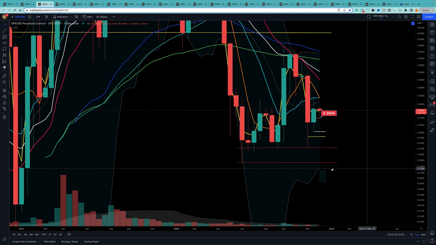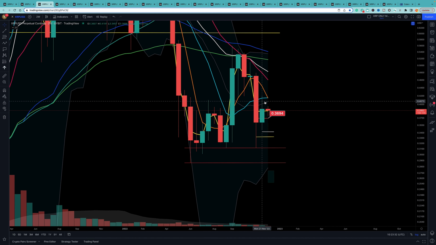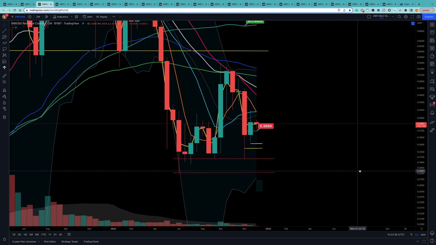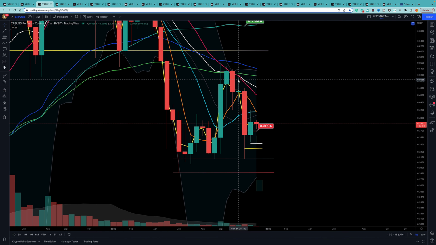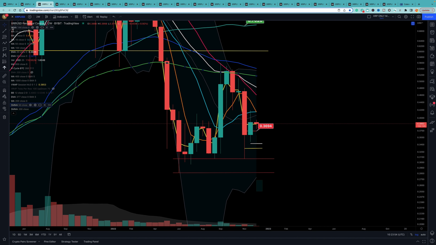remember we talked about spills and MAs spilling over. You can see when you look at the 2 week here, and you can see where the 20 EMA, the pink one, the 55 EMA, the 20 EMA, is this the 400? I always have to check the 400.